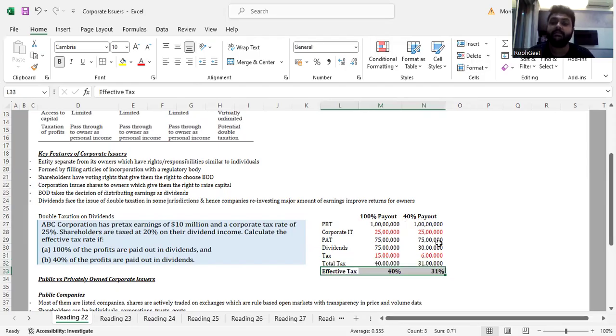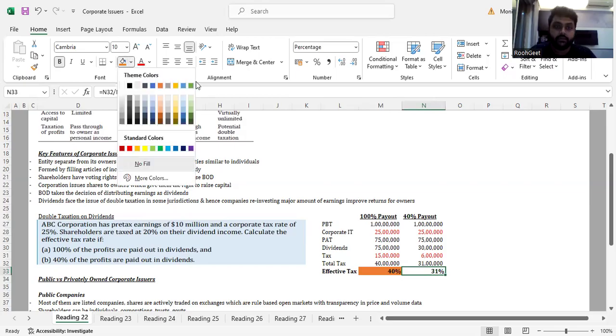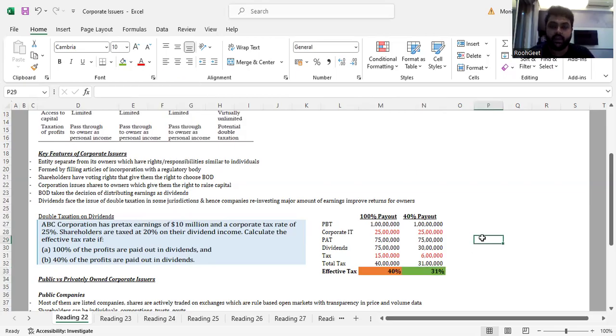Correct? 31 lakh divided by 1 crore. That is the reason it is said that in places with double taxation one really has to try and manage taxes. Okay, so yeah, that's what I have highlighted.